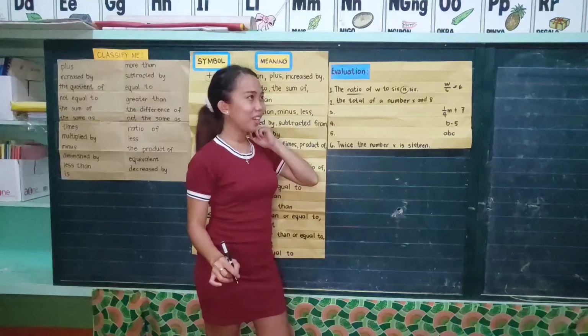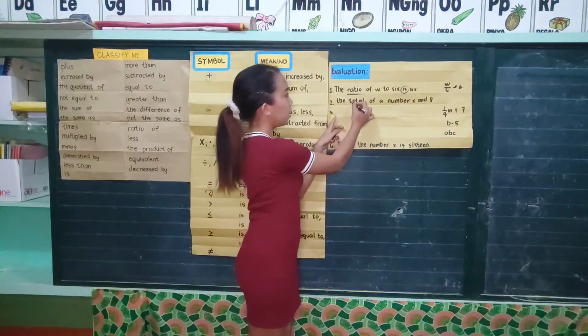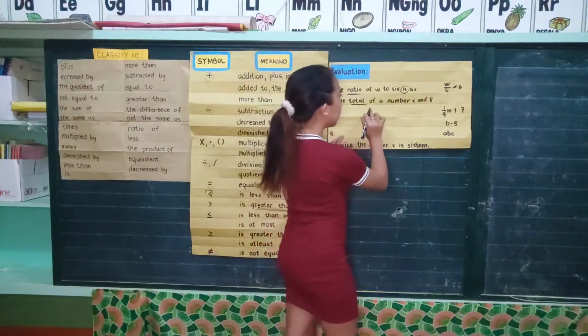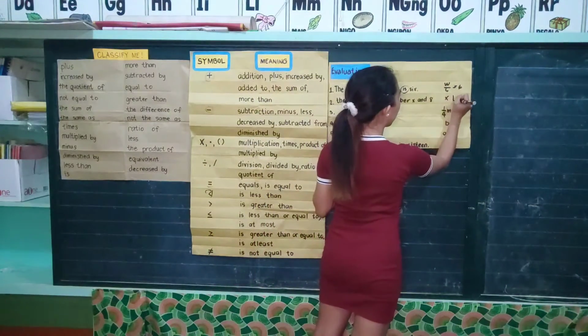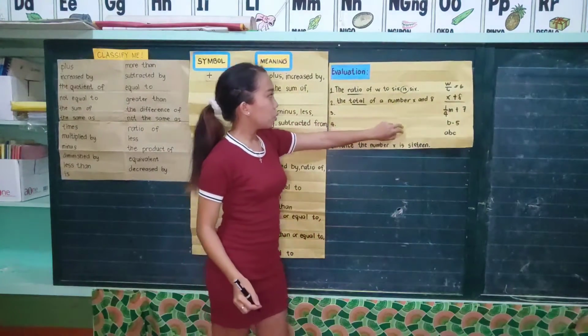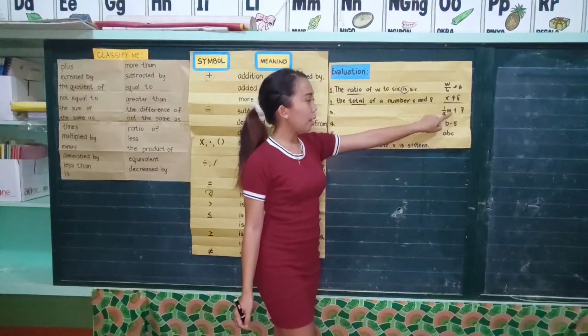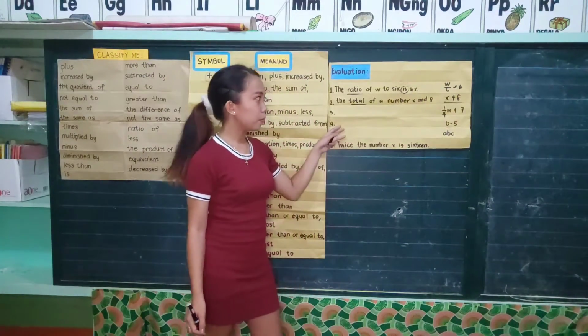Yes. Wow, very good. Number 2, the total of a number x and 8. So total, we will add. So the total of a number x and 8. So x plus 8. Number 3. So we have the mathematical phrase here. 1/4 m plus 7.